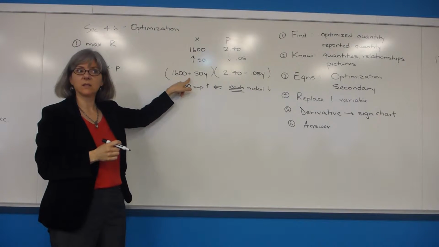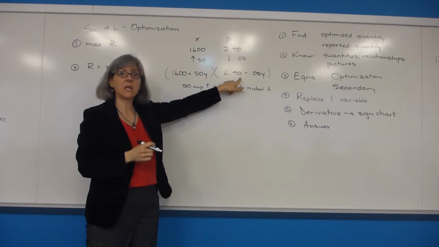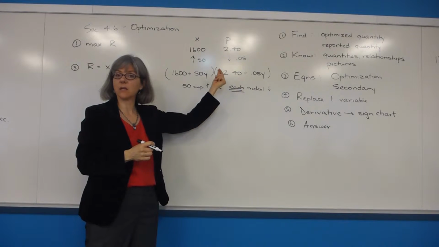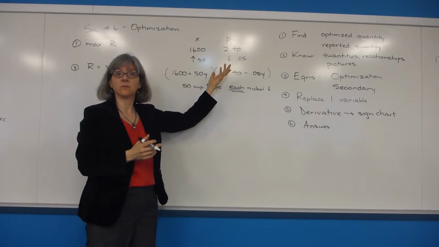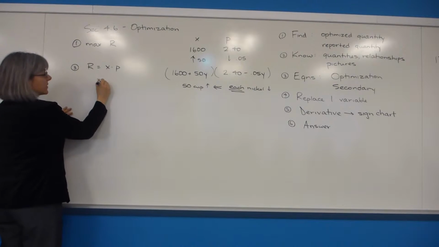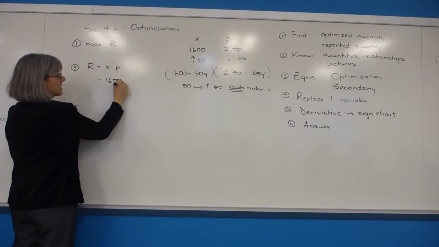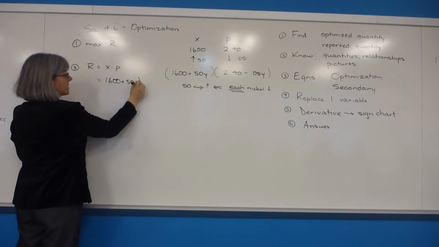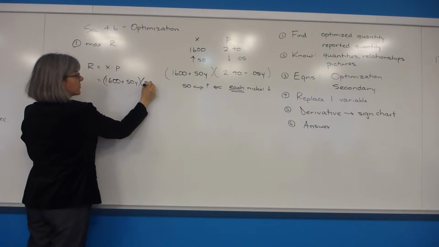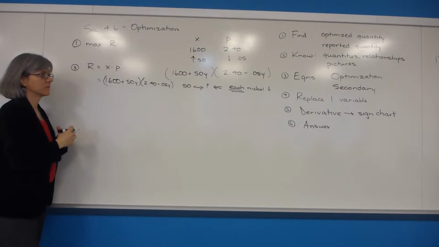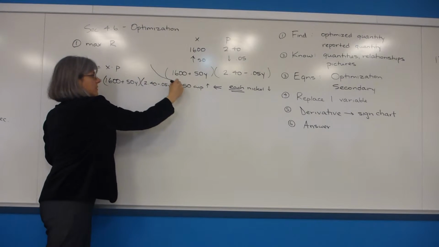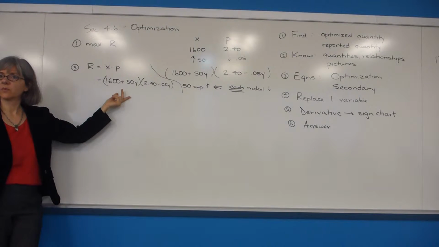An expression for X, the demand, and an expression for P, the price. If I multiply them together, what do I get? Revenue. So I can write revenue this way: (1,600 + 50Y) times (2.40 - 0.05Y). And this is what I'm looking to maximize.